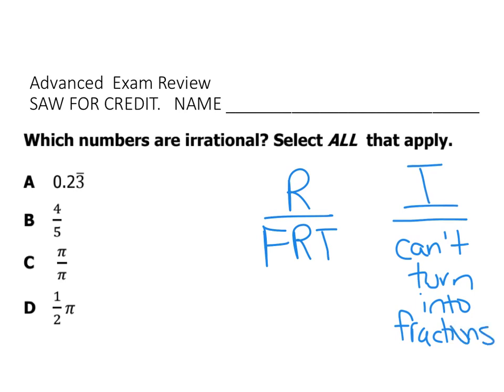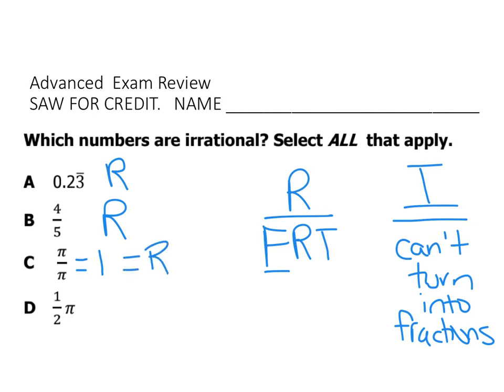Okay, so A is rational because it repeats. B is rational because it's a fraction. C needs to be simplified before we look at this. I did tell you that pi is irrational. However, on this one, pi can be reduced because it is pi over itself, and anything over itself is going to reduce to 1.